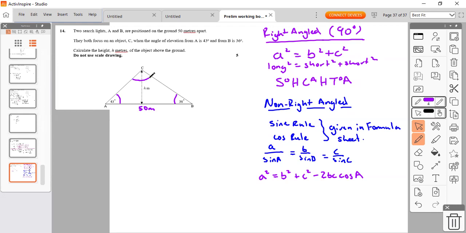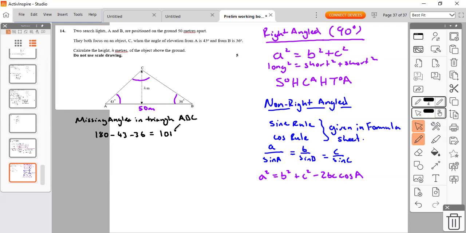That's the first thing I'm going to do. We're going to find the missing angle in triangle ABC. Missing angle in triangle ABC is 180 minus 43 minus 36, which is equal to 101.